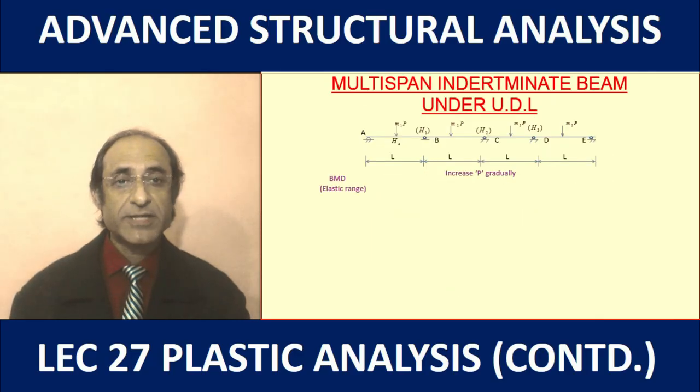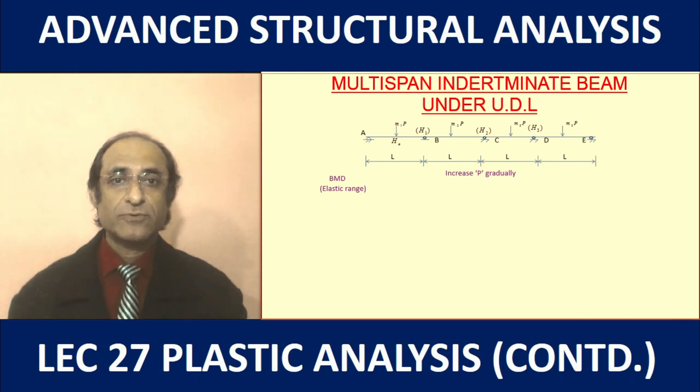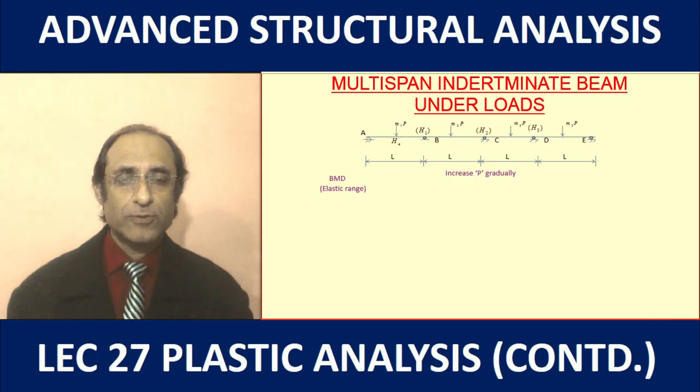Now let's try to extend this concept to a multi-span indeterminate beam, and this is under this kind of loading. So here we have shown all the spans, they are under point load, and the point loads are related by the factors M1, M2, M3 and M4.